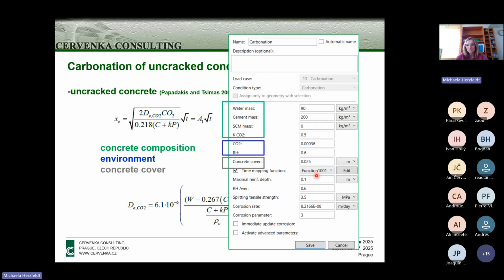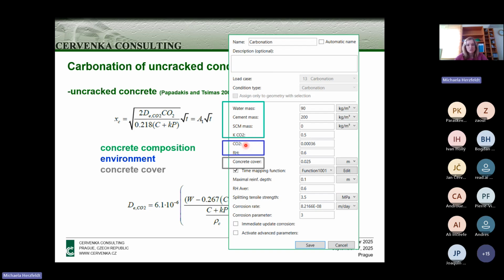So when I jump into this ATENA 2025 preprocessor interface, you can see this is the interface for carbonation boundary condition. There are input parameters. This is the part that is related to material composition: water, cement, and cement supplements. And this is the parameter that is related to which type of cement supplement it is.